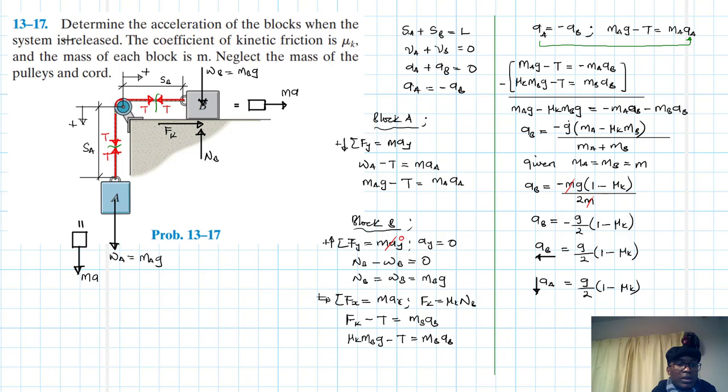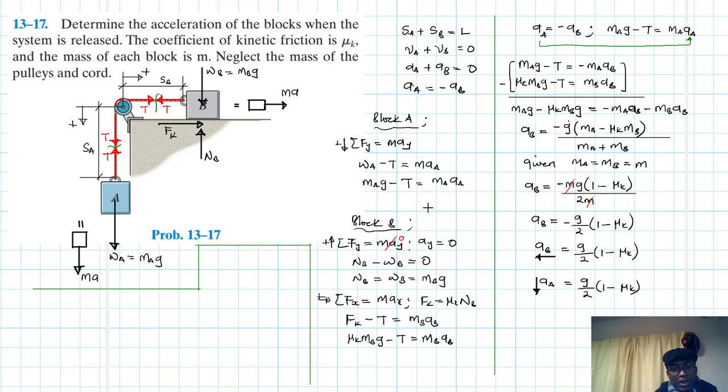Here, let me create a little bit of space here like so. Okay. Alright, so let's solve for T. Again, it's not part of the problem. Let's get one of the equations. Let's get this one. Alright.